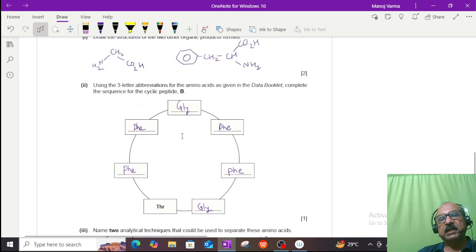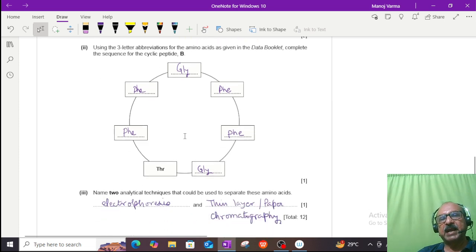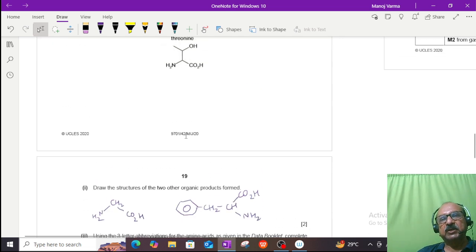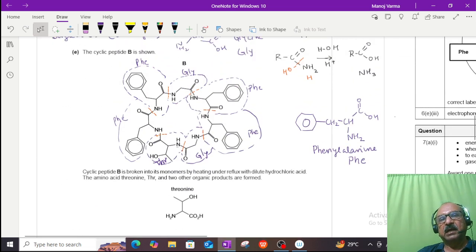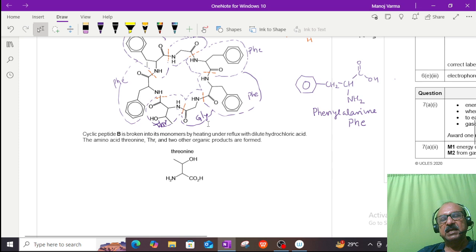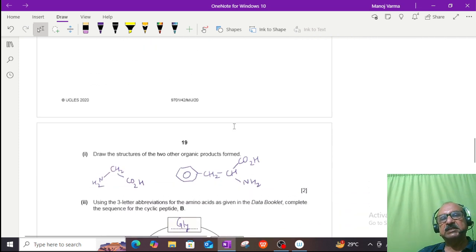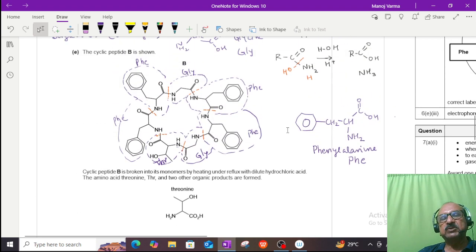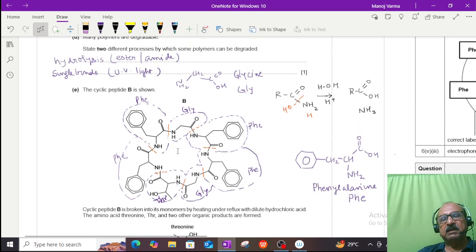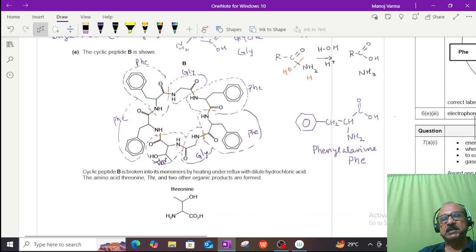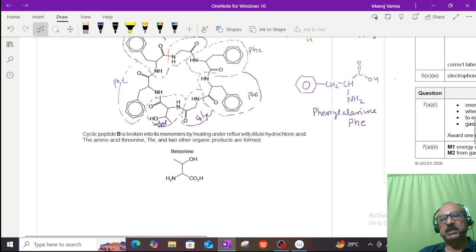This was a really difficult question to crack, and that's why I used different colors and different bond breakings to show you exactly what fragments are going to be formed when the cyclic peptide undergoes acidic hydrolysis, and I hope you have clearly understood. If not, you can refer to this diagram once again, see the fragments which are formed, and use this concept. You will easily understand the various products formed as a result of the acidic hydrolysis.